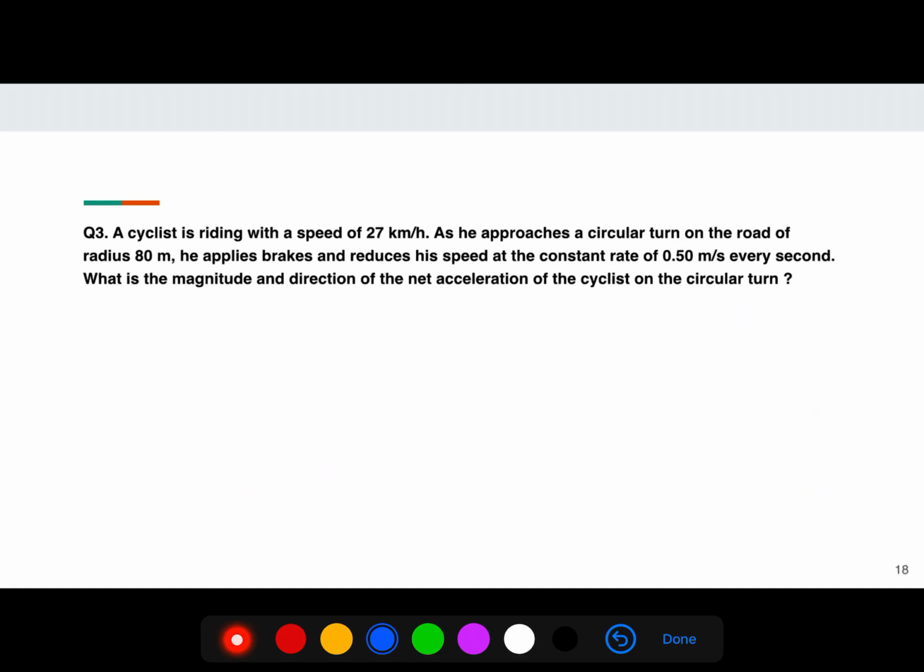Now third question: a cyclist is riding with a speed of 27 km per hour. As he approaches a circular turn on the road of radius 80 meter, his speed is 27 km per hour.